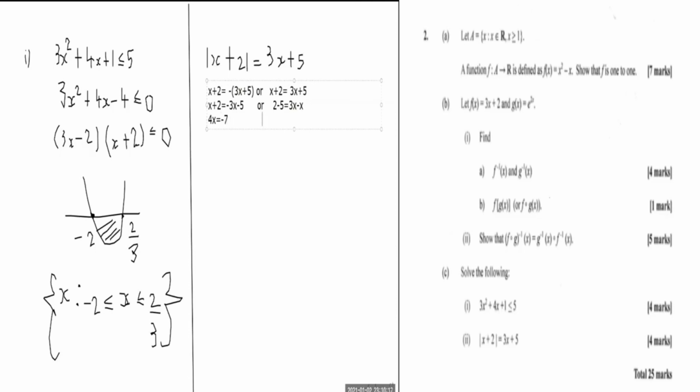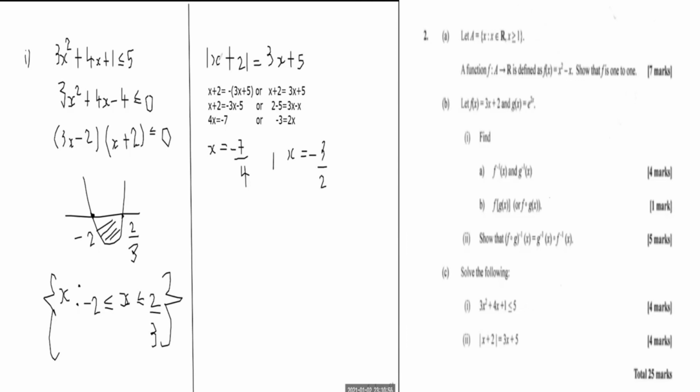And over here, 2 minus 5 is minus 3, and 3x minus x is 2x. So solving both of these, we're getting x is equal to negative 7 over 4, or x is equal to negative 3 over 2. Now, anytime you're doing a modulus question, you need to check the solution.